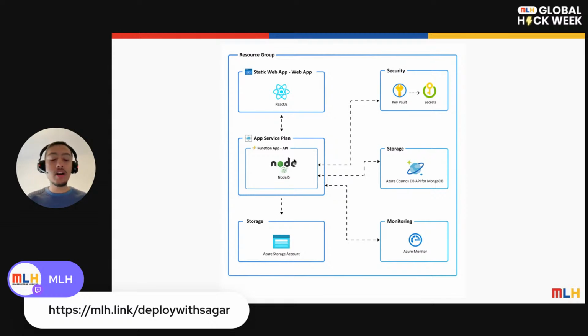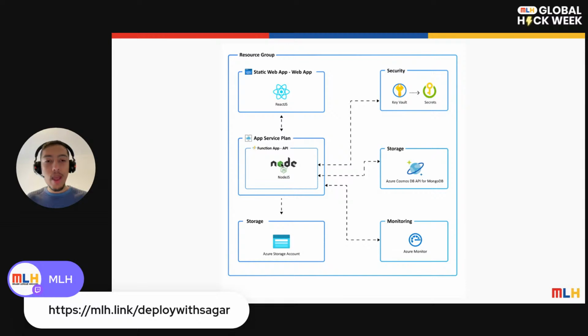So we are going to use the function app to host and run the Node.js APIs, but the API management service is the actual API gateway that is connecting the client to the backend. So API management will act as the API gateway, and the function app will execute our API code based on the requests.